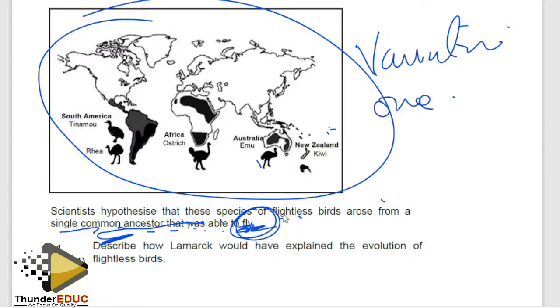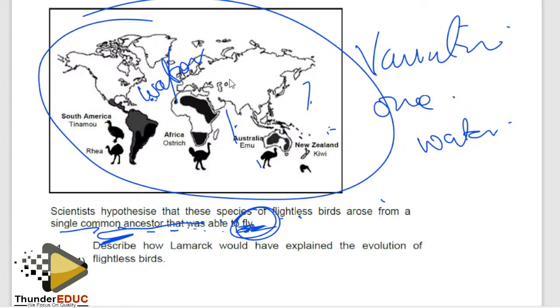This population was split into different continents by continental drift or by the water. These populations or subpopulations of birds experienced different environmental conditions. Natural selection occurred independently. You understand?